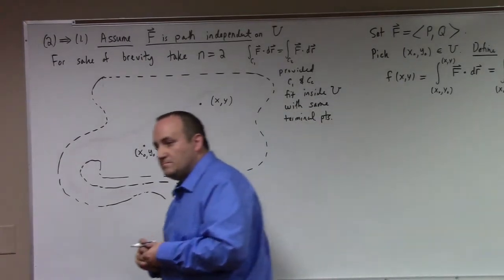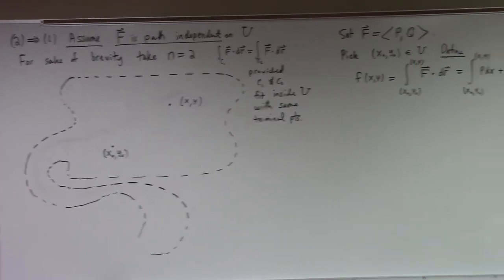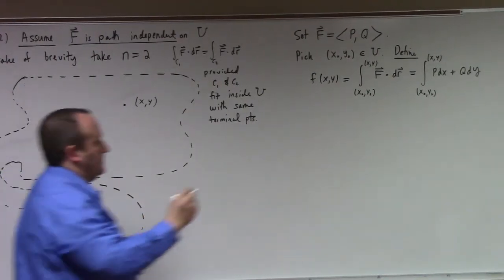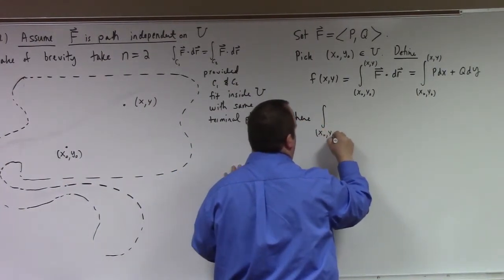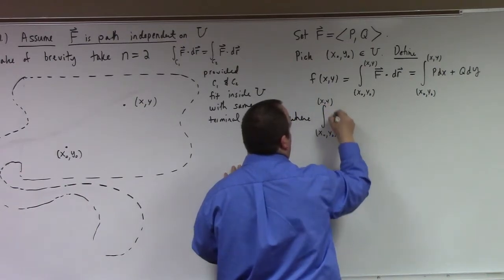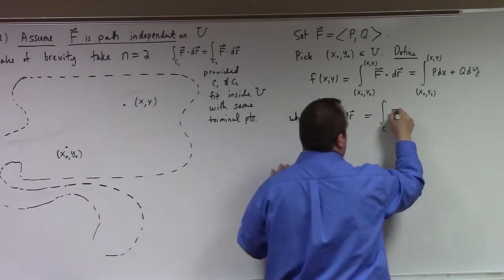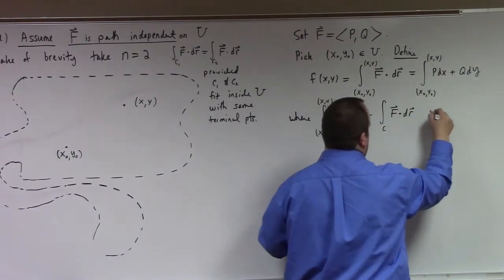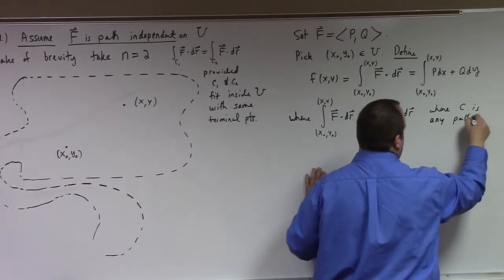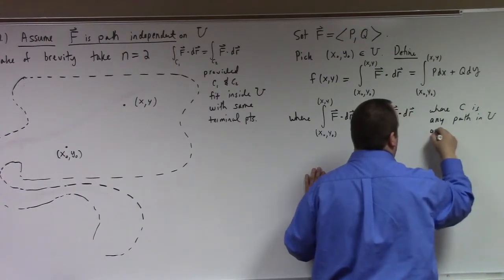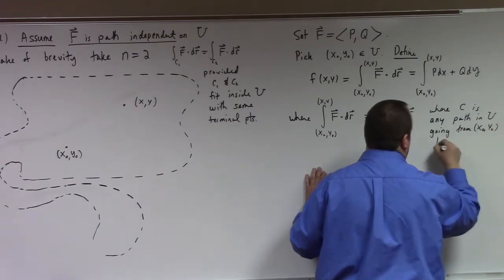Why is this reasonable? What does that even mean, the integral from a point to a point? C is any path in U going from x naught, y naught to x, y.